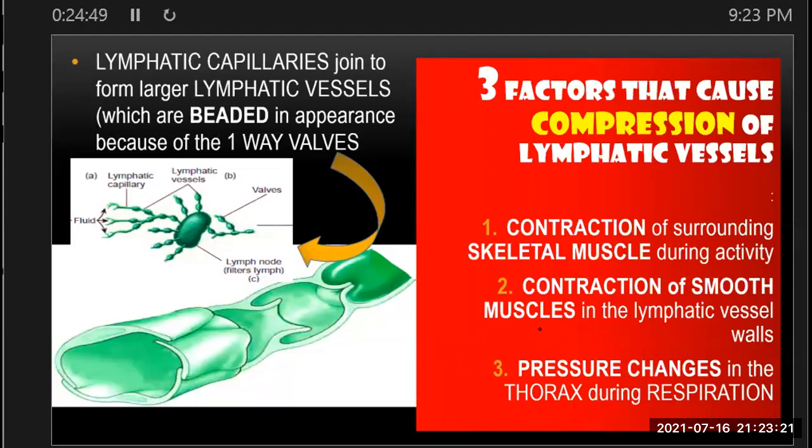And the factors that cause compression of lymphatic vessels include contraction of surrounding skeletal muscle. You might ask why this compression is important. Haven't you wondered why coaches or doctors often urge athletes to exercise when they have a cold or other infection?